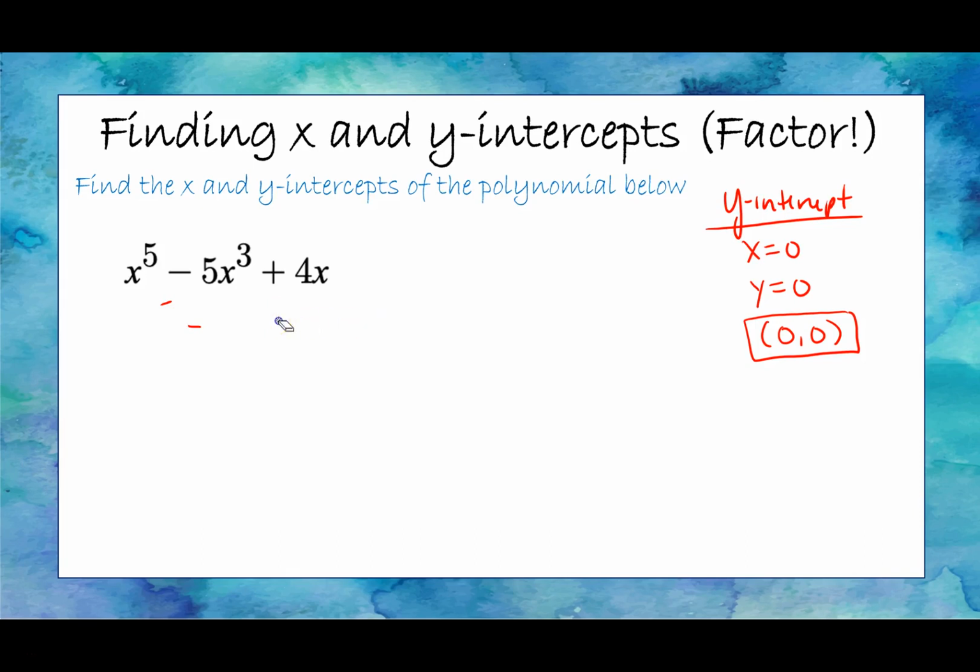All right, now for my x-intercept, I set my y value equal to 0. And my y is this entire function, so set that equal to 0. And now I factor. So I'm going to pull out an x, and I'll have x to the 4th minus 5x squared plus 4.